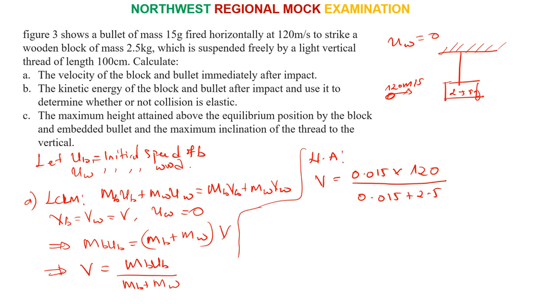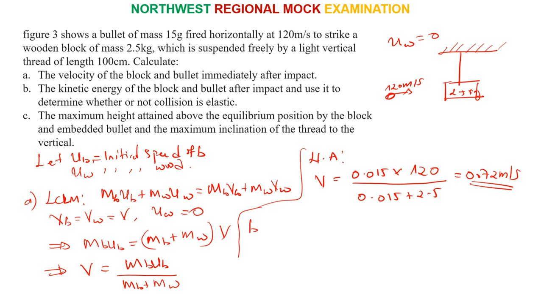So what does it give? It gives 0.7157. I will write it to two decimal places, that is 0.72 meters per second.